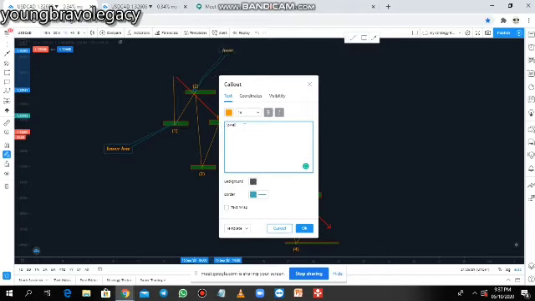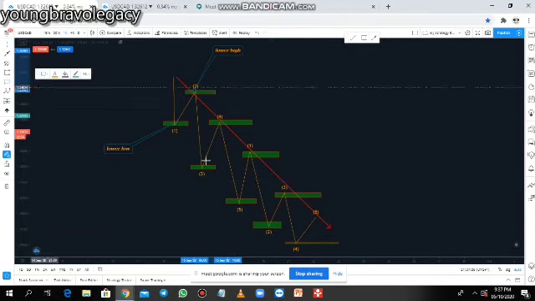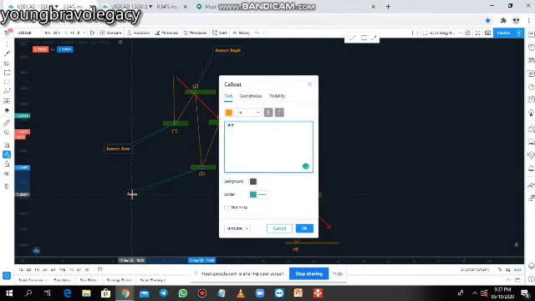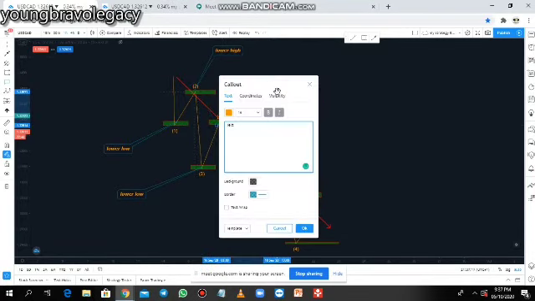Then we have another lower low here, and another lower low. Then we have another lower high. You can see this is also high, but it's not higher than the previous one. So we have a lower high.